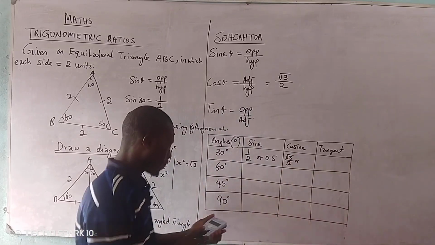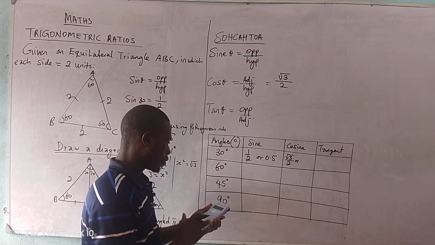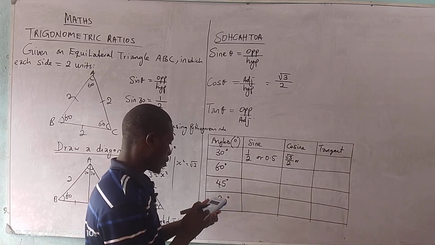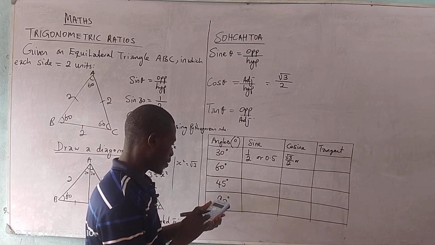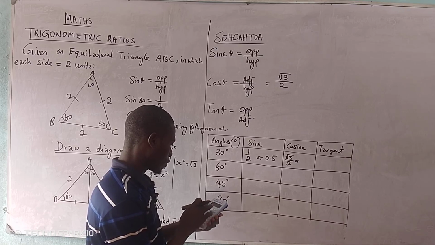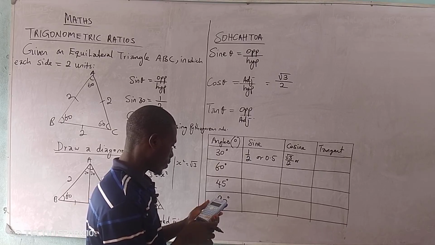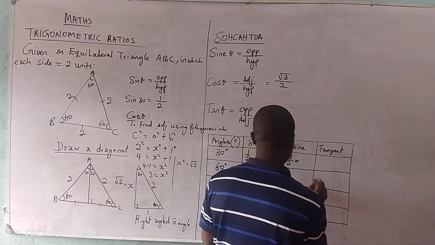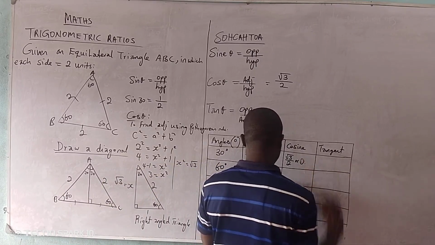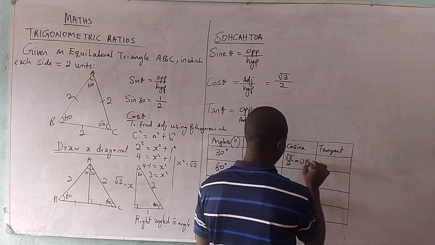For the decimal part of it, when you divide root 3 by 2, it gives us 0.8660.